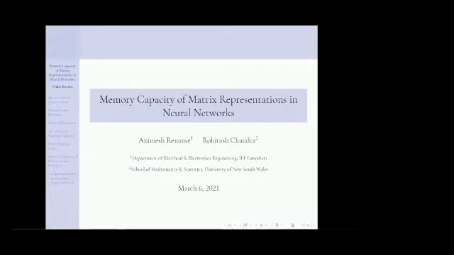That is, what memory capacity are we talking about? That's how we come to our first question.